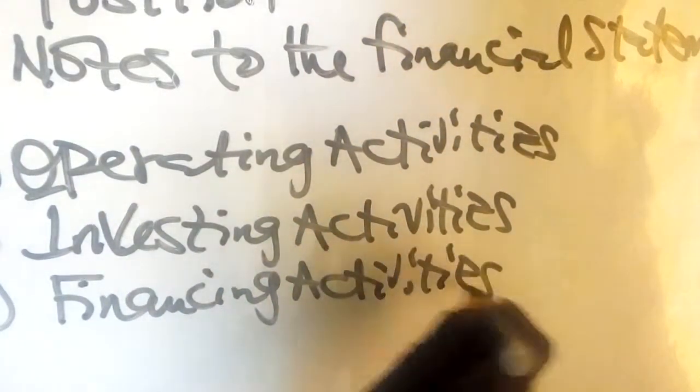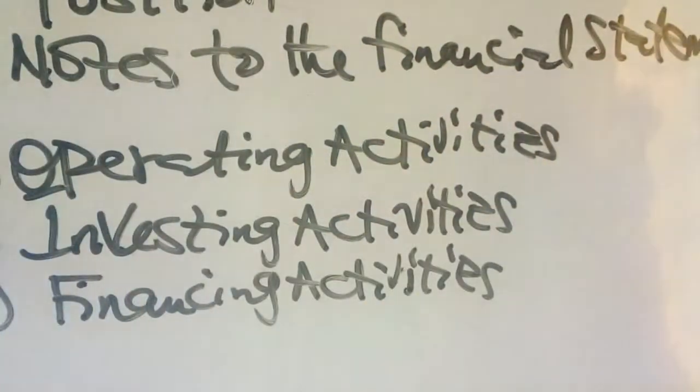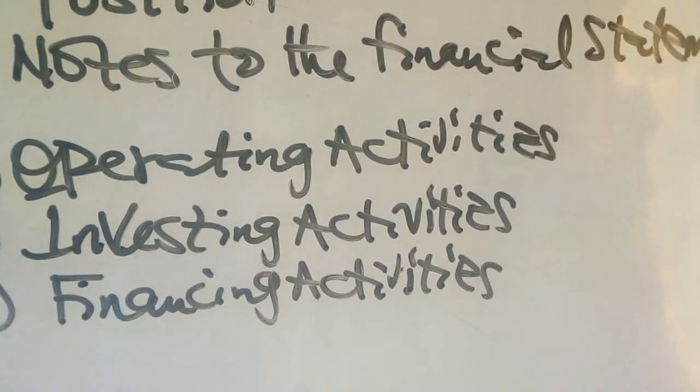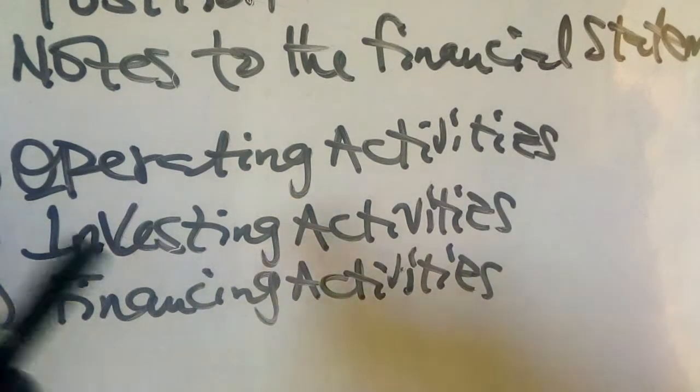These are the headings under which statement of cash flows can be prepared in accordance with IAS 7. This classification may require a particular transaction to be shown partly under one heading and partly under another heading.